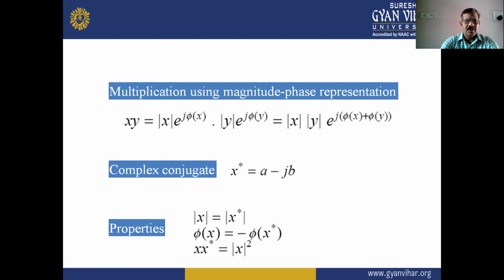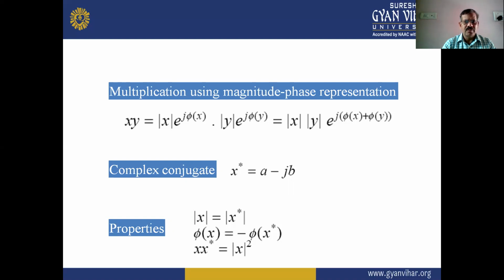Next is the complex conjugate. So we write x star, the complex conjugate of x. Suppose x equals a plus jb, then the complex conjugate x star equals a minus jb. And there are some properties of this complex number.